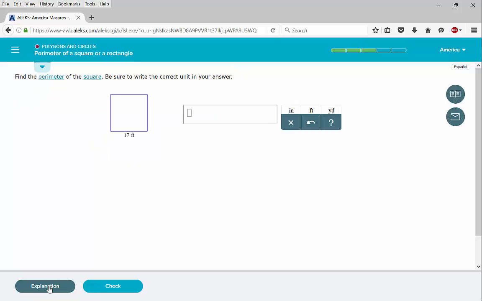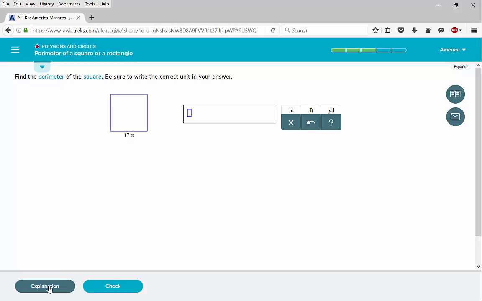I'm going to get this next one wrong just so you can see what happens. So here I've got a square again. I have 17 on all the sides. So its perimeter is going to be 17 plus 17 plus 17 plus 17. Using my calculator to add that up, I get 68. So the right answer is 68, and you and I both know it.